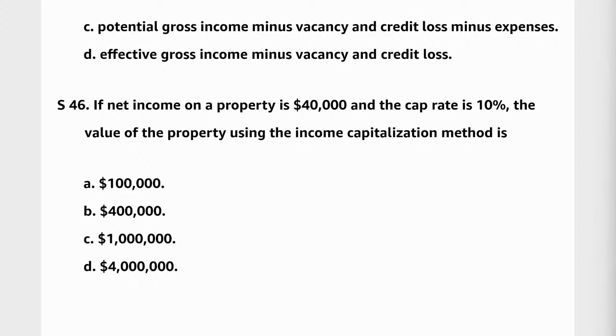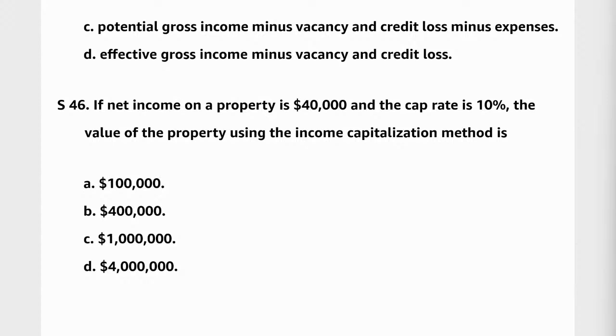So what will that give you? I don't have the calculator in front of me, but I have the answers. So 40,000 divided by 0.1 gives us what? Use your calculators. Yes, Jaylene and Cindy, 46 is B, 400,000.